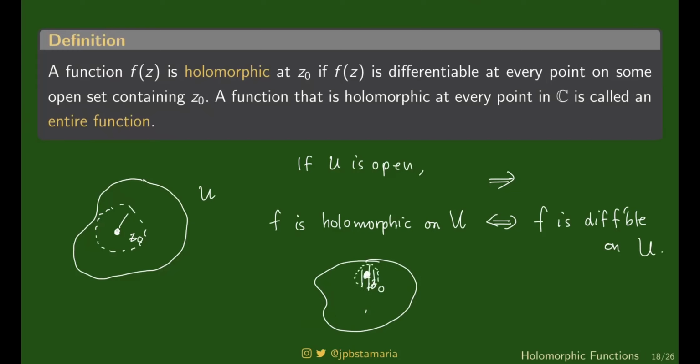Kaya hindi ka lang sa z0 differentiable, ka rin sa paligid, therefore holomorphic. Kaya wala naman talagang pinagkaiba ang salitang holomorphic at differentiable kung sa isang open set nangyayari ang lahat ng bagay. Magkakatalo sila usually kapag ang pinag-uusapan ay isang point lang. Okay?